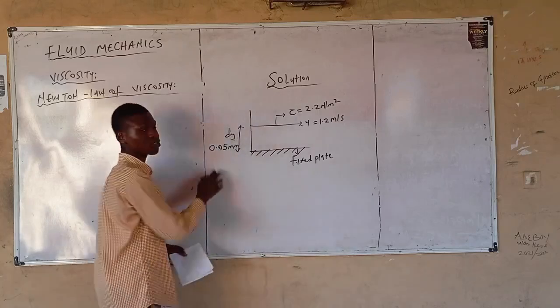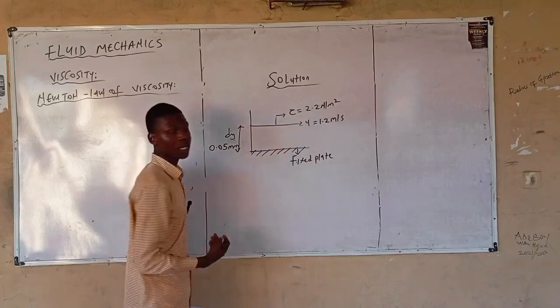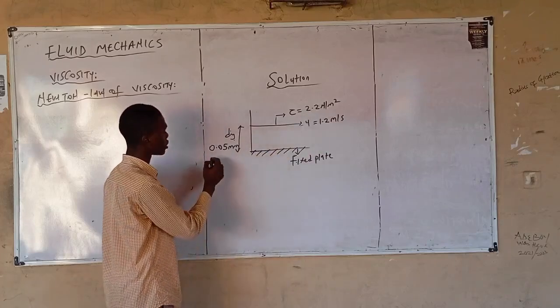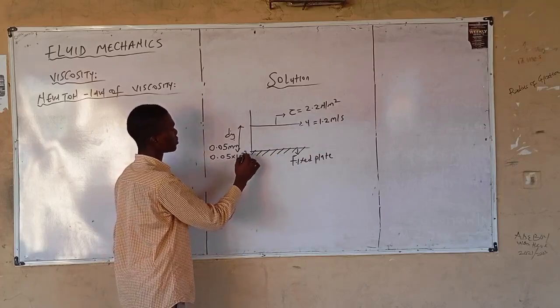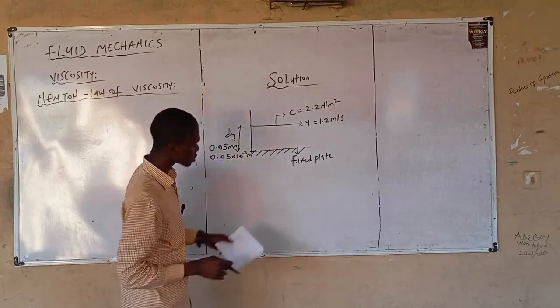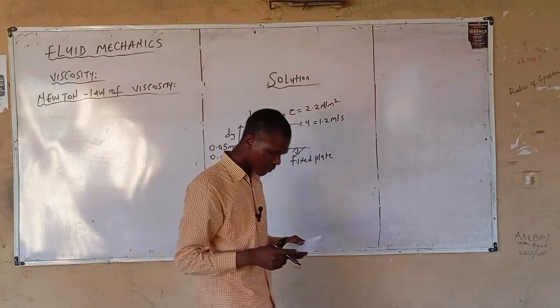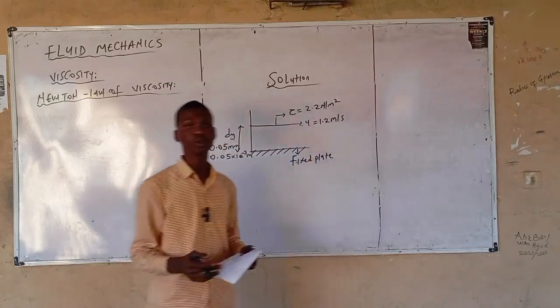We can simply convert to meter since other parameters are in meter as well. That's 0.05 times 10 raised to the power of minus 3 meter. Right? Now, from here, find the viscosity of the fluid between the plates.